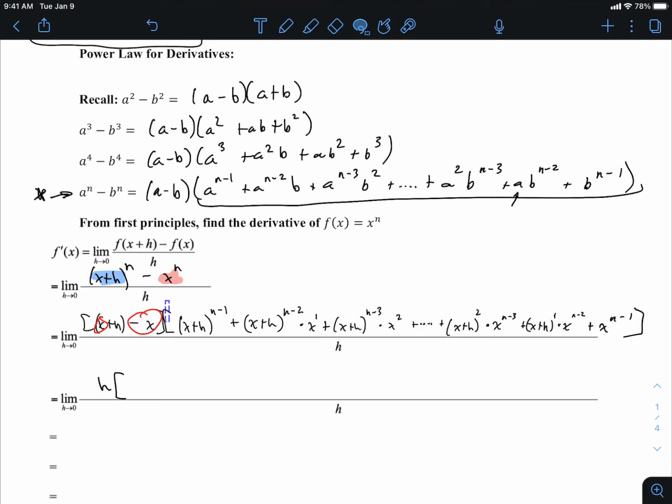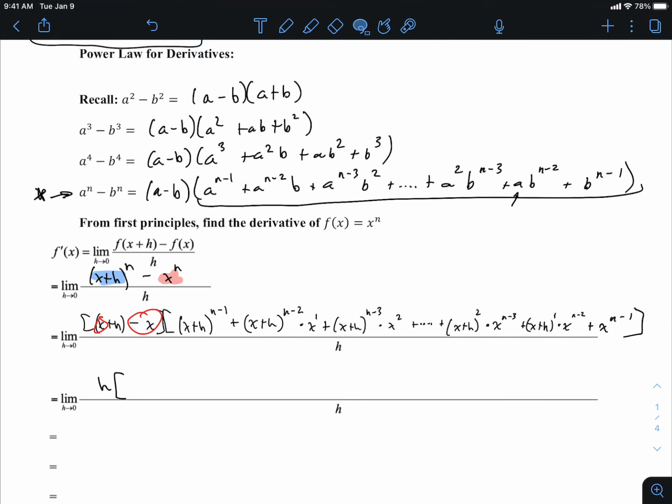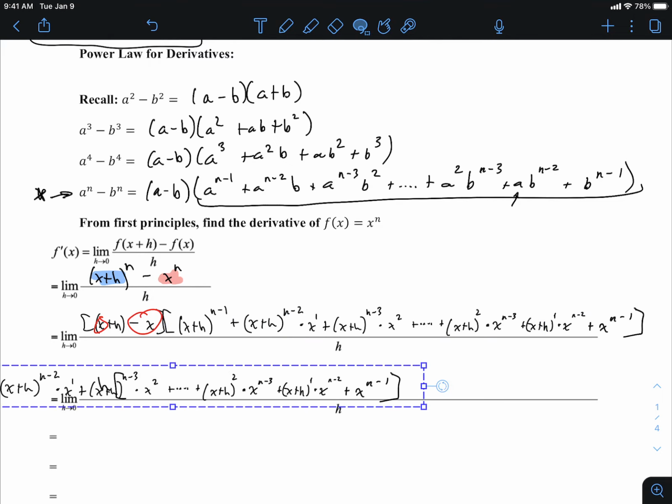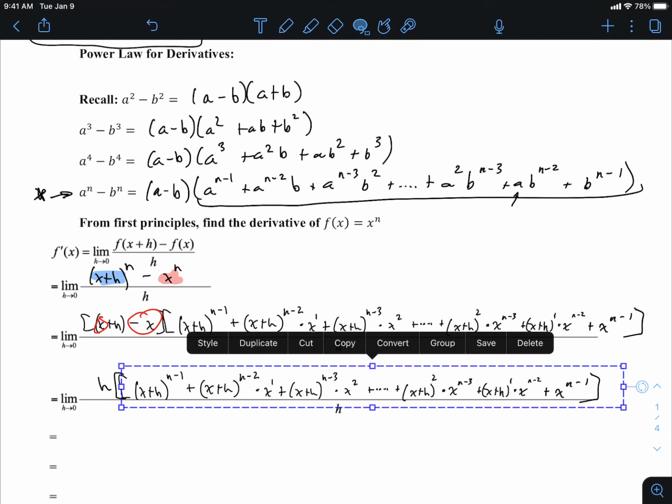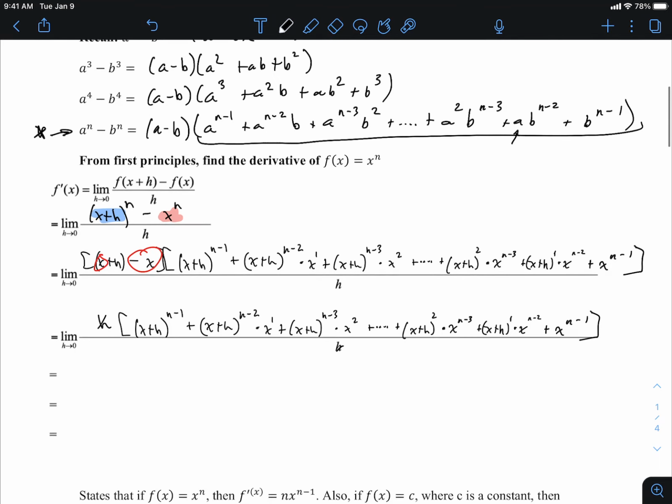I'm just going to copy paste this for the interest of time. Then you'll see the h's cancel one another, creating a 1.